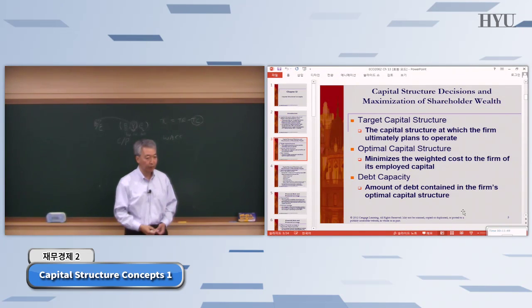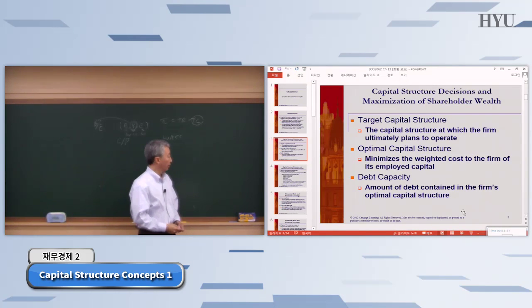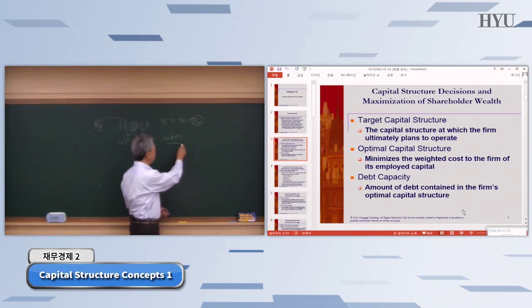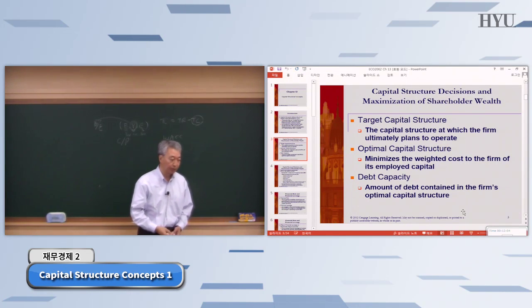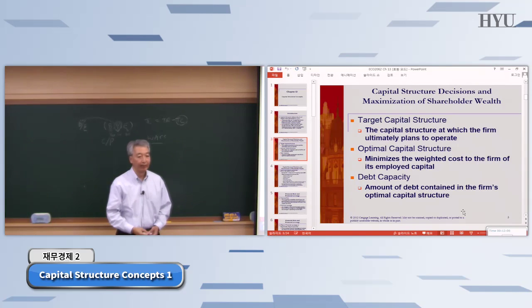Lowers your required rate of return. Okay. So basically the cost of capital is the same thing as the required rate of return from the investors, as you know. But ultimately, what's the goal of a financial manager?